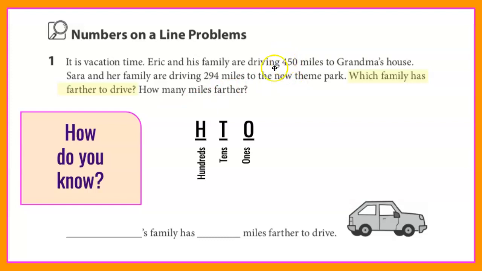My 4 is in the hundreds place. So that's going to tell me really how big my number is. And I'm going to look at my hundreds place in my smaller number, 294. I know that 2 is smaller than 4, so I know that Sarah's family is not going to drive as far as Eric's family.